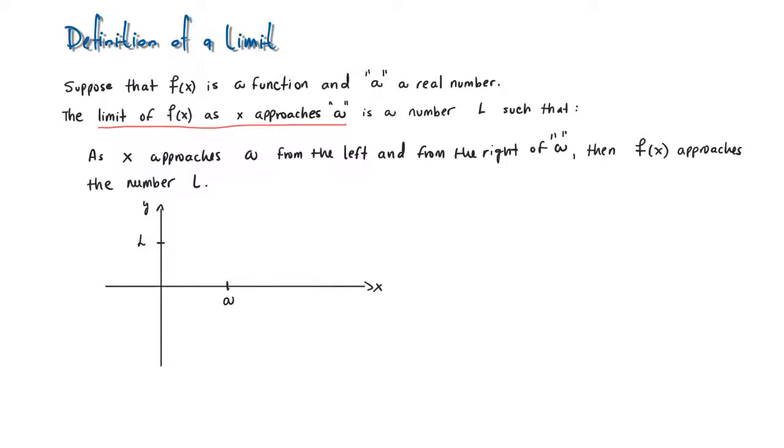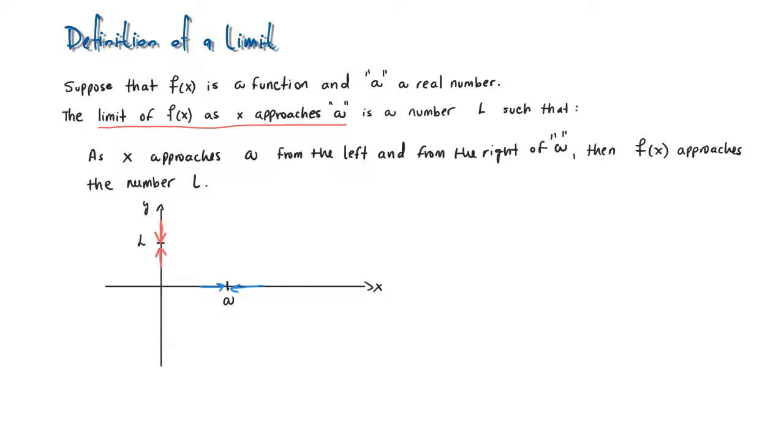We're saying that if this number L is going to be the limit of this function, then as x approaches a from the left and from the right, the y values here on the y-axis have to be approaching L. So if x is getting really, really close to a, the y values are getting closer and closer to L. That's what it means for something to be a limit.